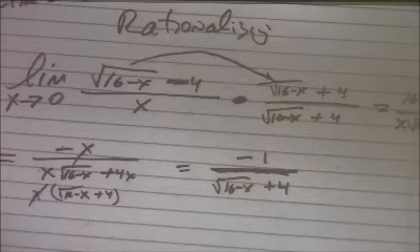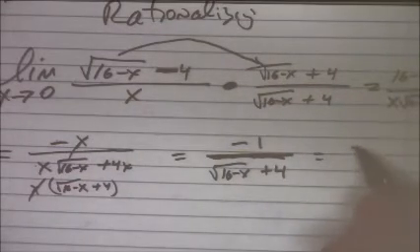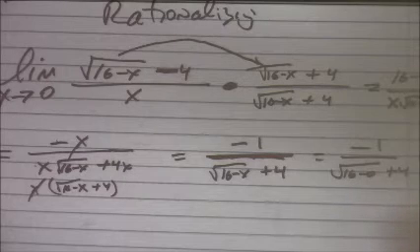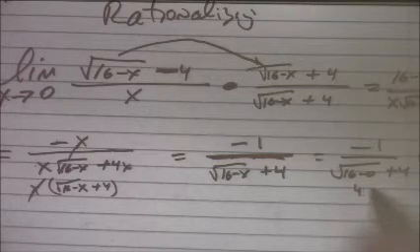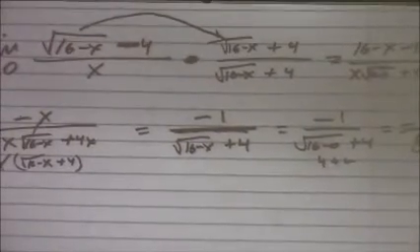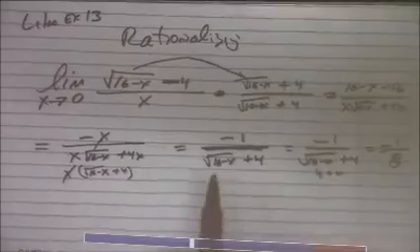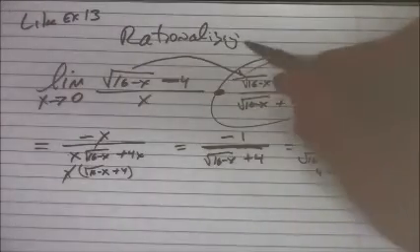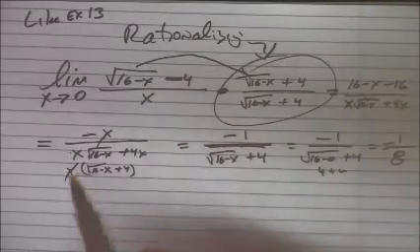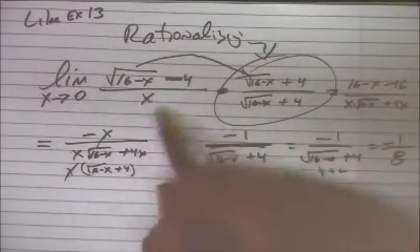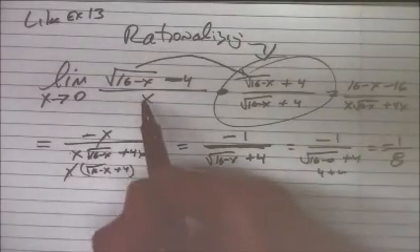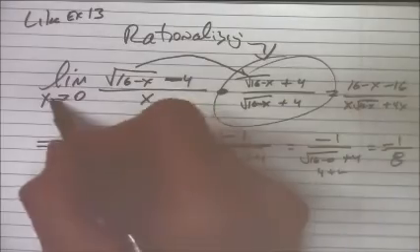That's the limit. So I'll show you that. 16 minus 0 plus 4 is, because that's 4 plus 4, negative 1/8. So follow the steps again here. That's rationalizing, not for the purpose of removing a square root, but rather for the purpose of being able to change the bottom so that 0 will not make it undefined, or whatever x is approaching.